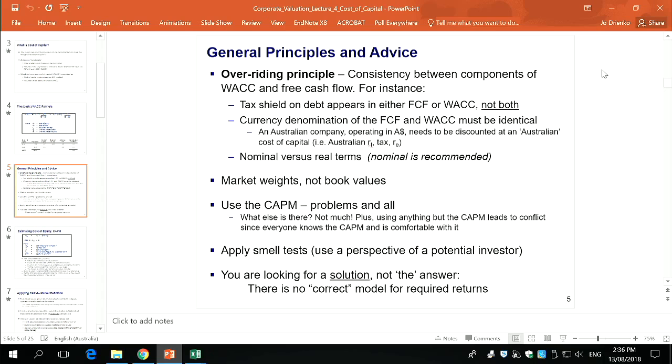Next, this is a common mistake. I hate this one. Nominal versus real. Most of the time, analysts forecast their cash flows in nominal terms because inflation is one of the drivers. For us, I talked about this last week, it's the growth in households, but that's really inflation, that's really population growth.